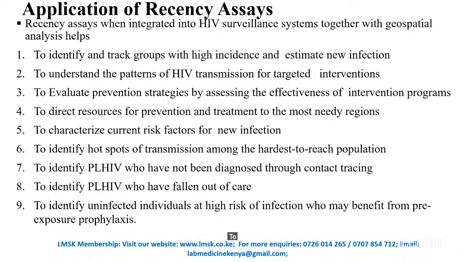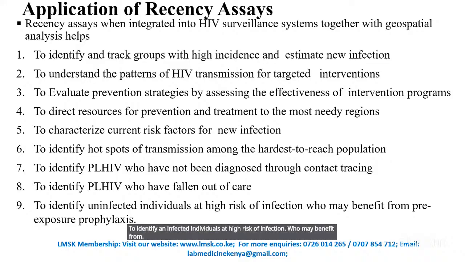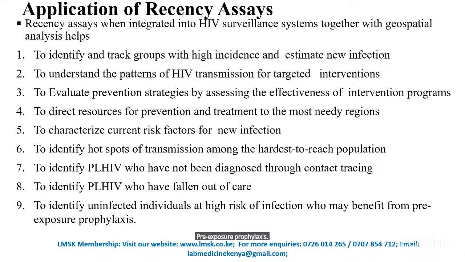To identify uninfected individuals at high risk of infection who may benefit from pre-exposure prophylaxis: once we do our surveillance and pick those who have recent infections, then their partners who are not infected are at risk.